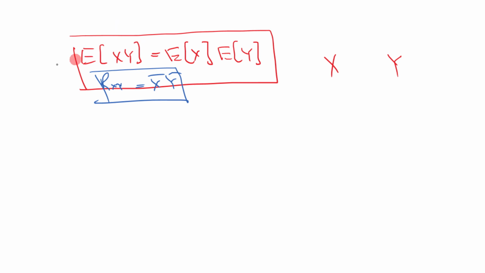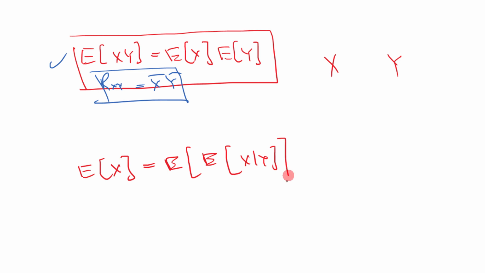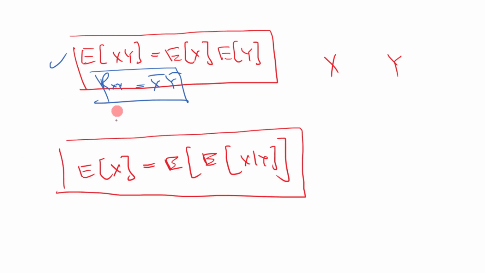So using this property and the property that we have just learned, which is expected value of x is equal to expected value of x given y, let us solve another problem.